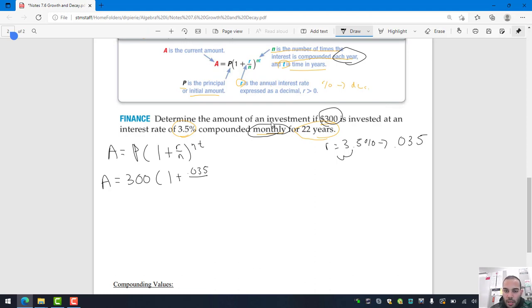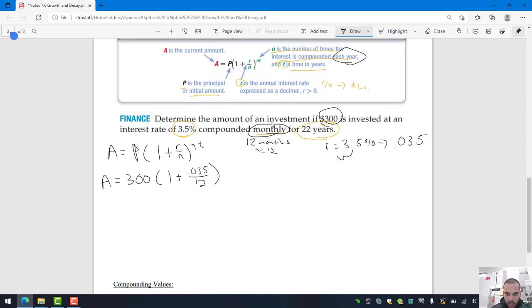So here's a question you ask yourself: how many times in the year will the interest be compounded? Well, if there are 12 months in the year, it means that the interest is going to be compounded 12 times that year. So in this case, N should be equal to 12. This is all going to be over the number 12. Then it's raised to the NT power.